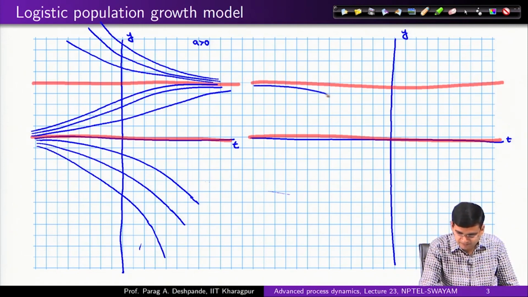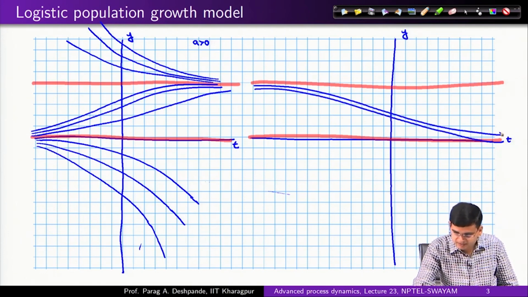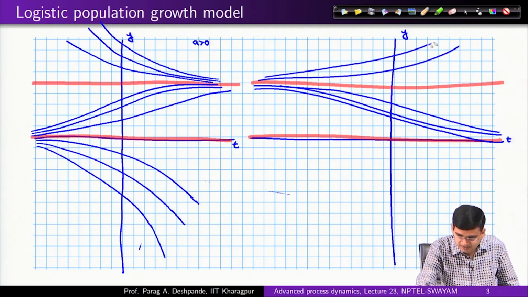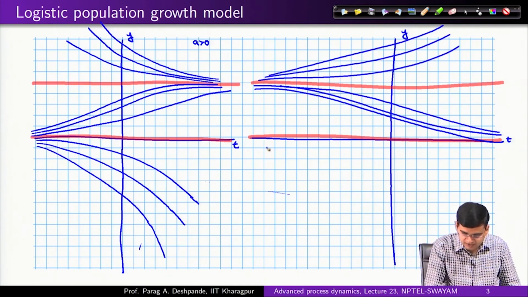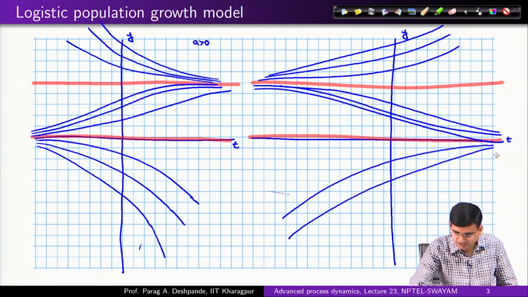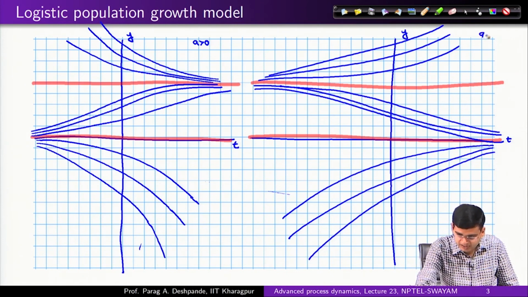So, now you have these as the phase lines, exactly the opposite for a less than 0.